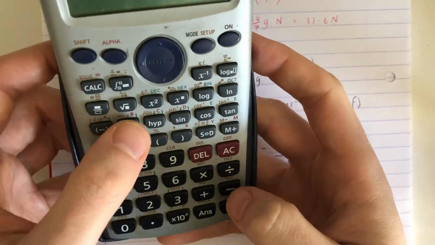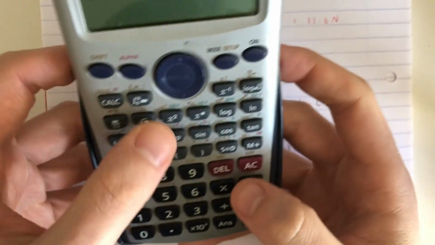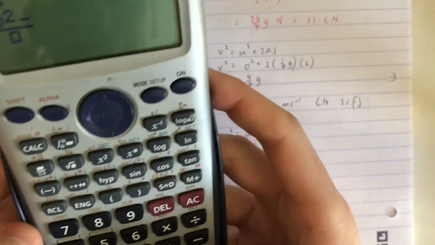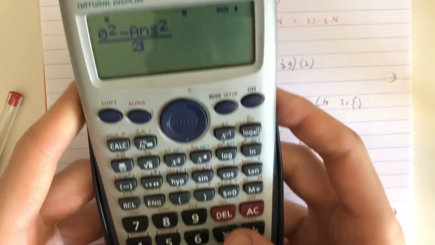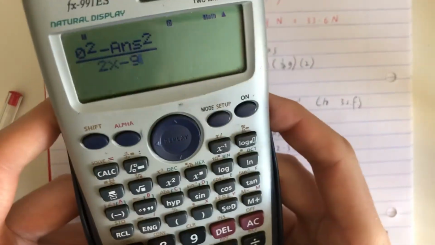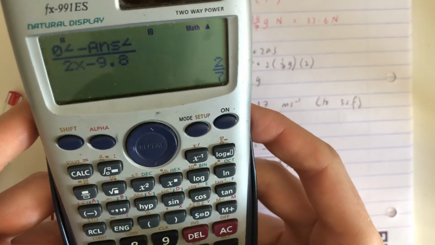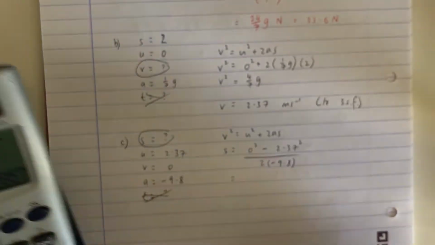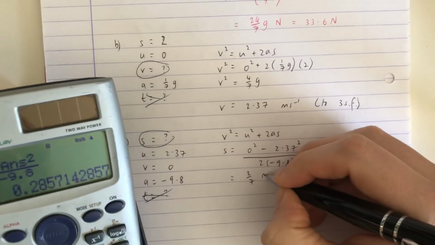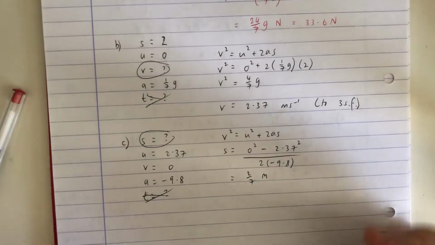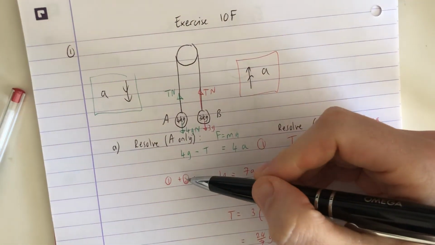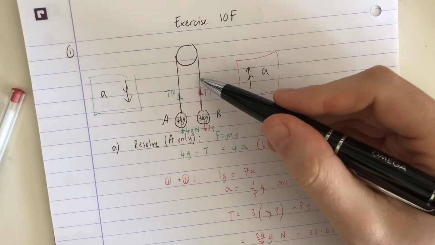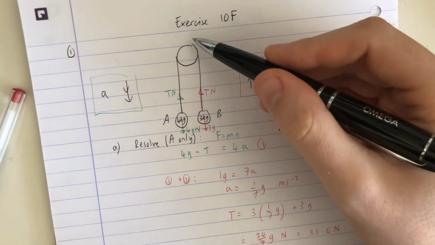So 0 squared subtract my previous answer squared over 2 times minus 9.8 gives me 2/7. So A falls down 2 meters, hits the ground. B goes up 2 meters and then goes up an extra 2/7 meters.